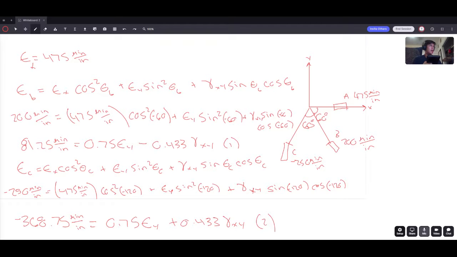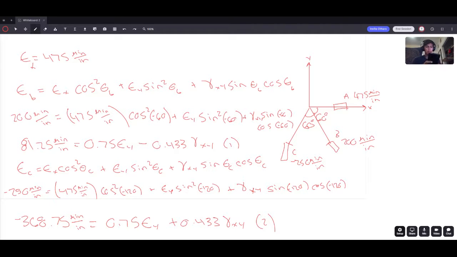So now we have 2 equations, 2 unknowns. And to solve this by hand, you could do elimination. You could subtract the equations, cancel out the gamma XY term, solve for epsilon Y, and then we can in turn solve for gamma XY. But I'm just going to go into my calculator because there is a solve systems of equations button.